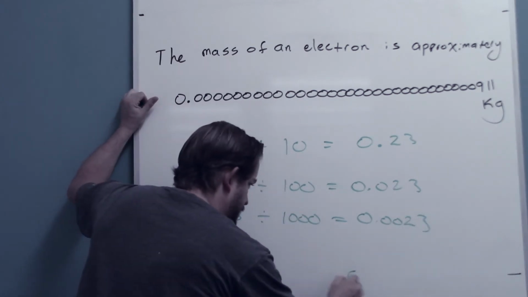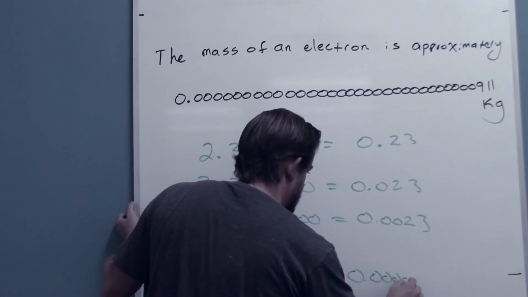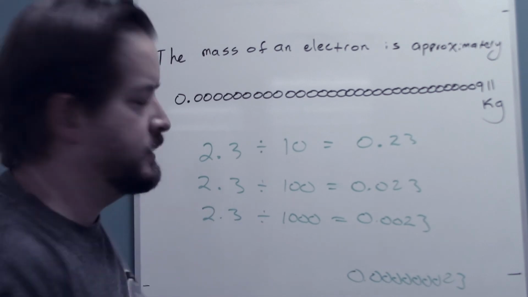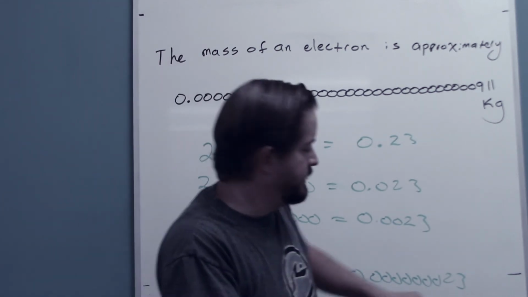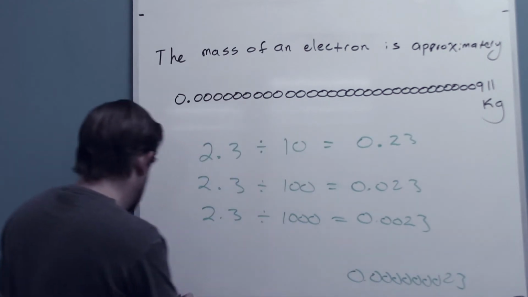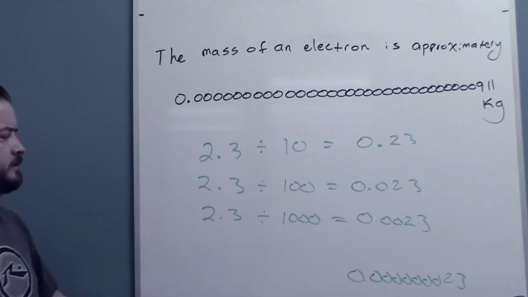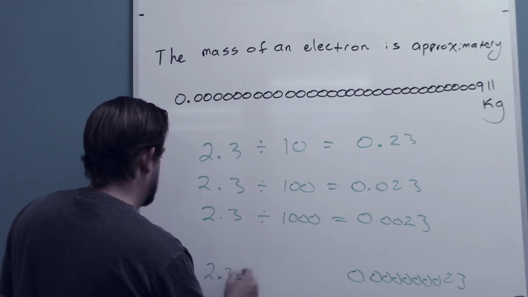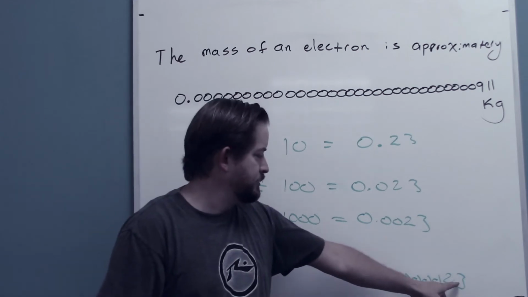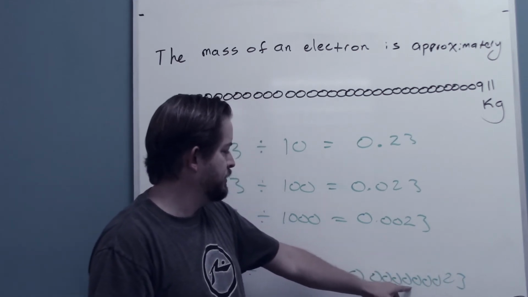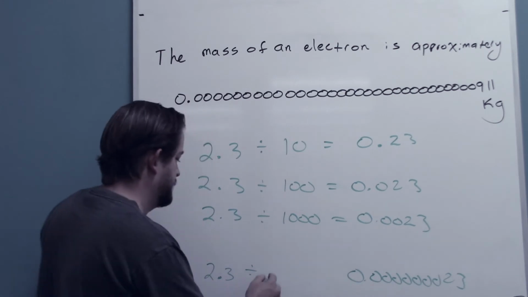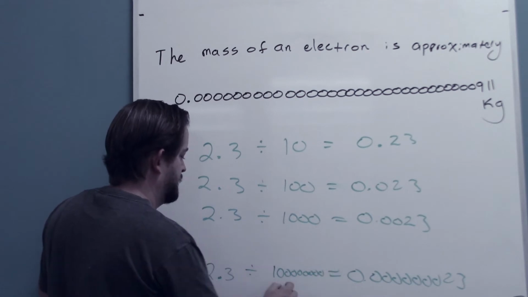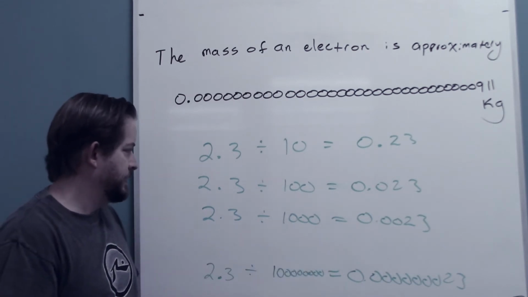And so if I have some number, say 0.00000023, then I can turn that into, say, 2.3 divided by however many times I move that decimal place to the left. So 1, 2, 3, 4, 5, 6, 7, 8. Right? Divided by that many.